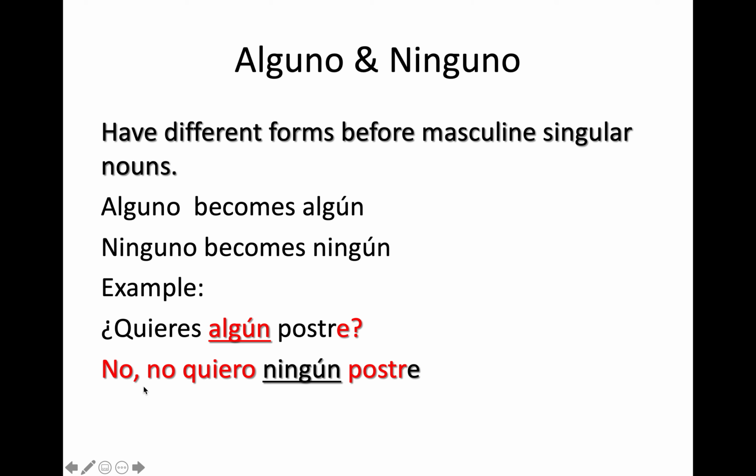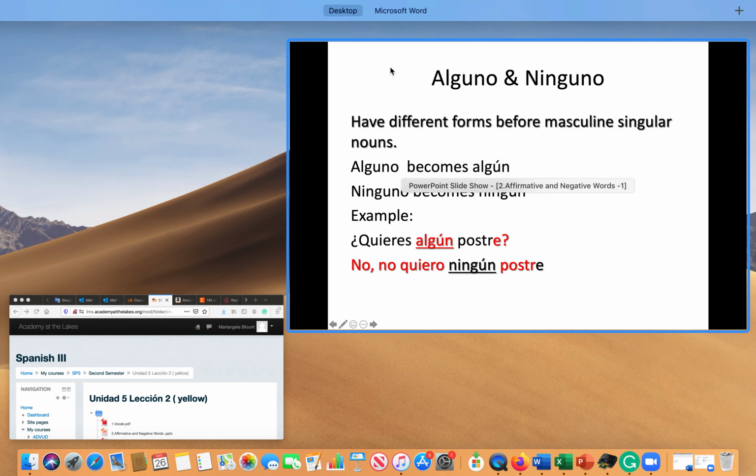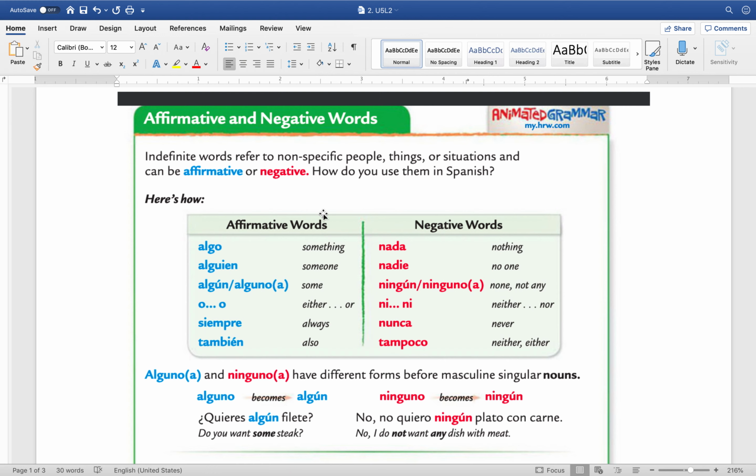The answer, you can say yes or no, but this is another example. No quiero ningún postre, okay? Because you don't want the dessert, you have to use now the negative word, which is ningún, right? And ningún, if you go here, what is ningún?